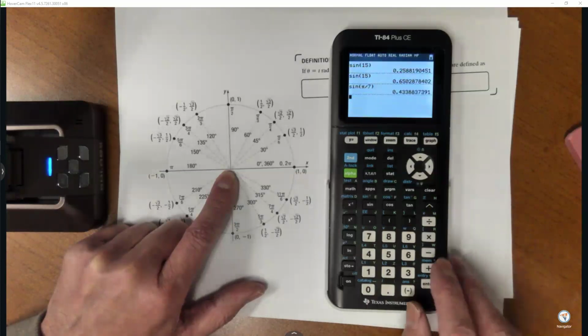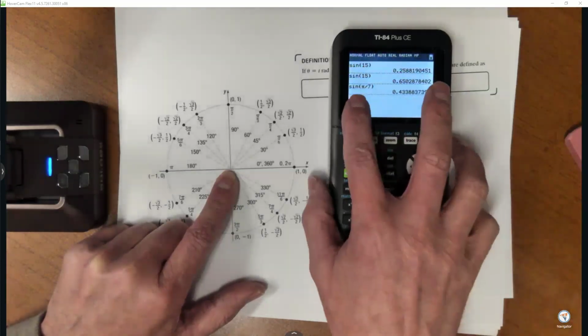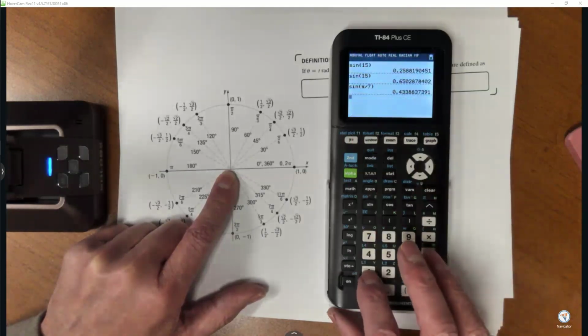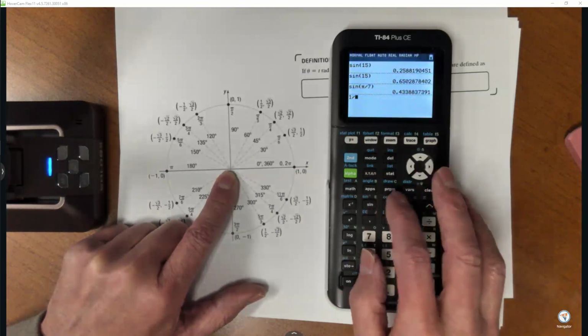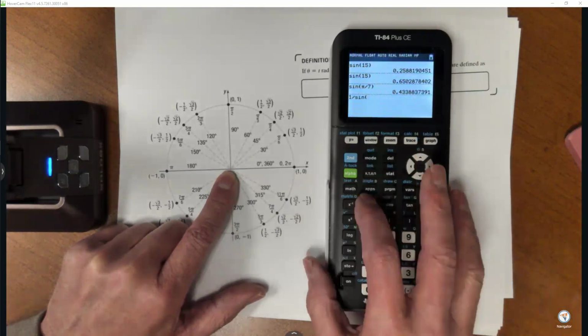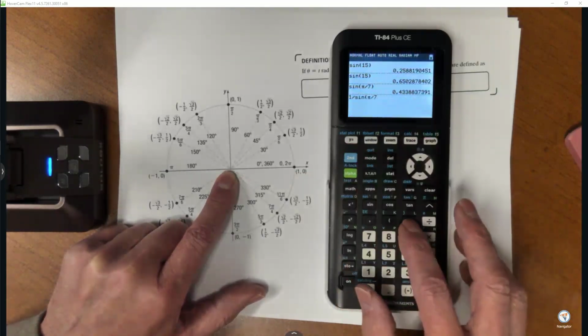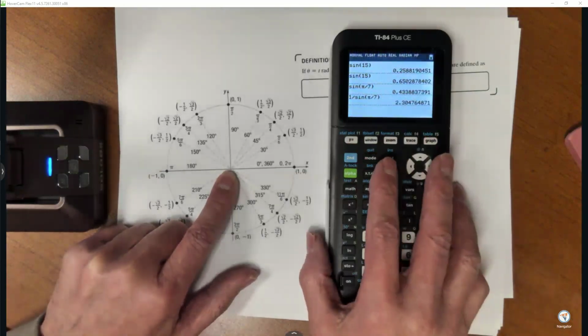Since I'm in radians, there's the sine of pi over 7. Now, if I want the cosecant, I'm going to have to take 1 over that. So the cosecant is 1 divided by the sine of pi over 7. Okay, that'd be my cosecant.